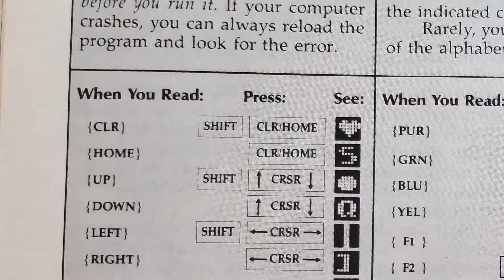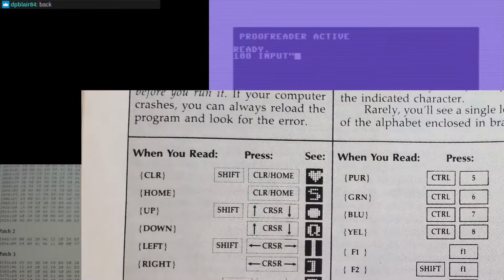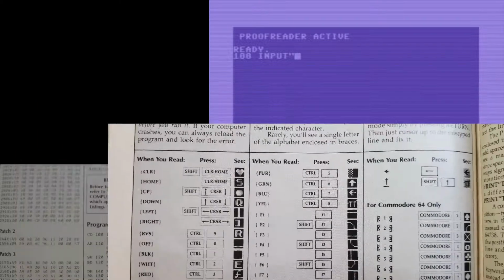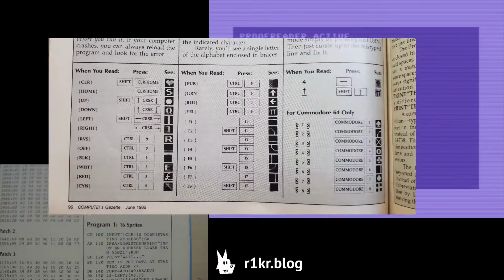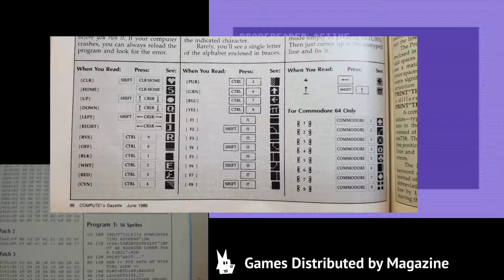Whoa, that's too big. Sorry about the massive size of this. But we have to worry about typing in all of these control codes. I'm just going to leave this up here for a second, but now I've got the list of control codes up, and I'm going to have to remember how to type all these things in from last time.